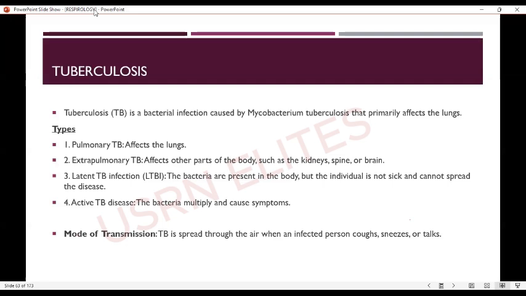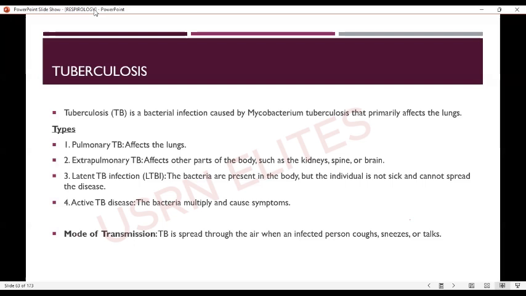So the body will release inflammatory substances, mediators, including cytokines and granulomas. Now, mind you, if your immune system is very, very strong, these inflammatory mediators, especially the immune granulomas, can encapsulate the bacteria.